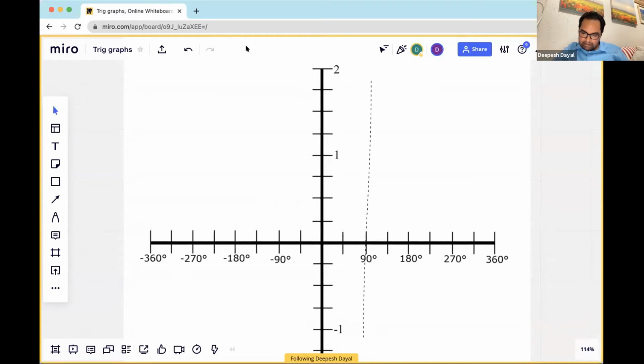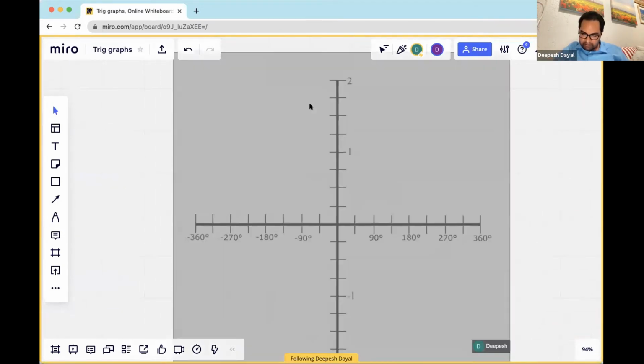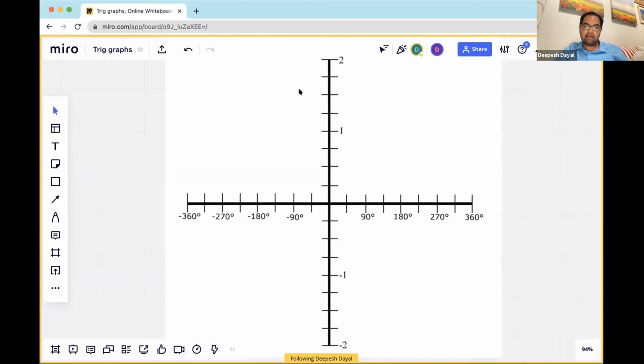And why is that? That is because of 90 degrees, 270, minus 90 and minus 270. Does anybody know what we call those points on the tan graph? Those of you who have done the tan graph, what do we call those points?